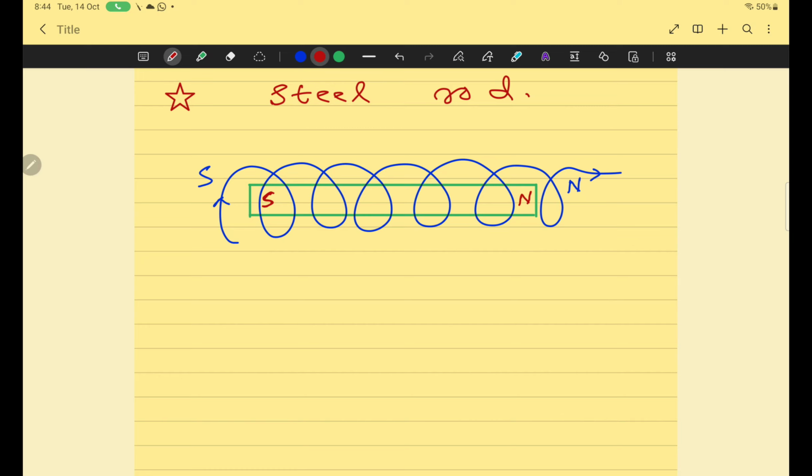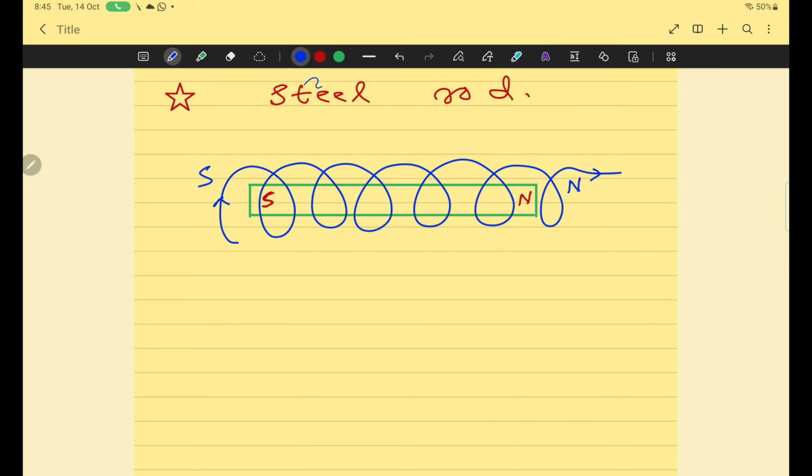But it takes time. When you switch off the current in the solenoid, the magnetism in the steel rod remains the same. It does not lose magnetism. Why?